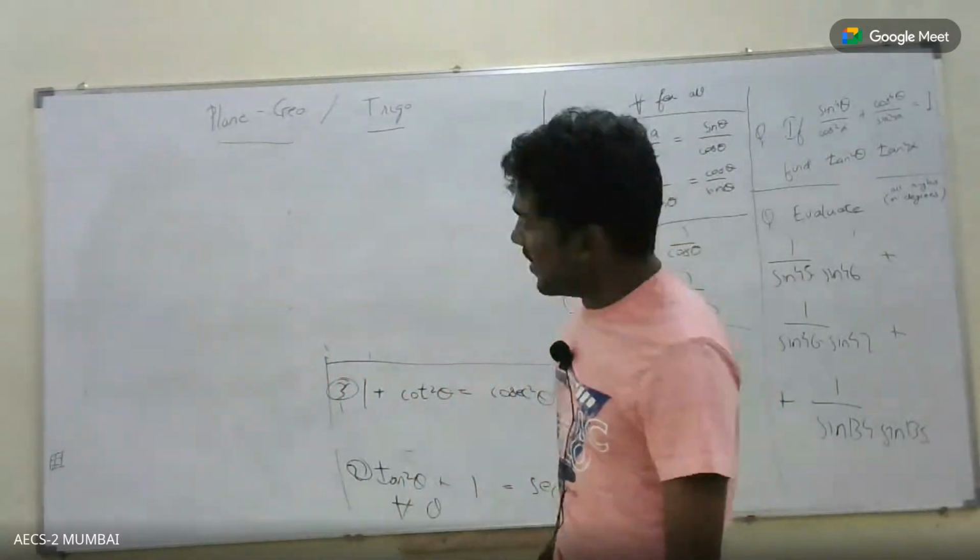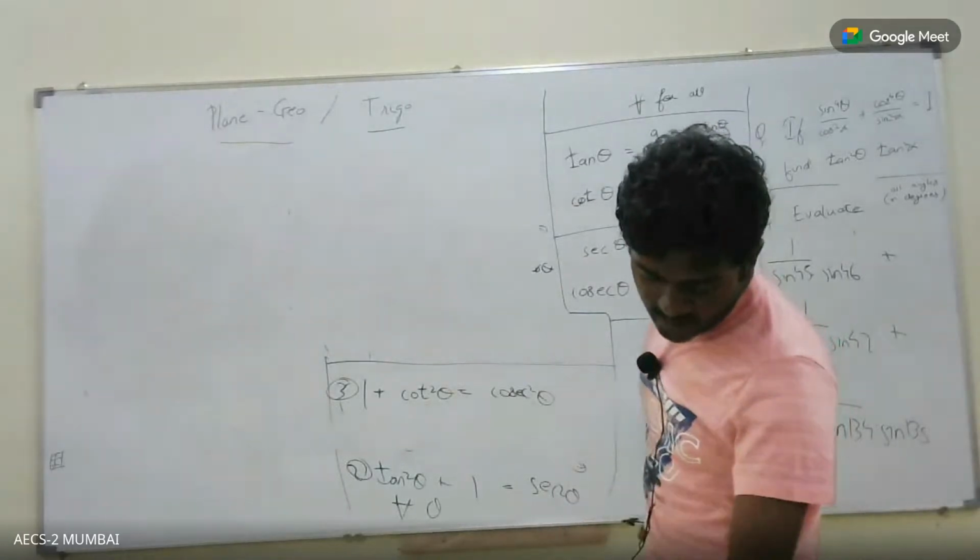So we have basic trigonometry and 3 identities in place. So we can try a couple of questions.